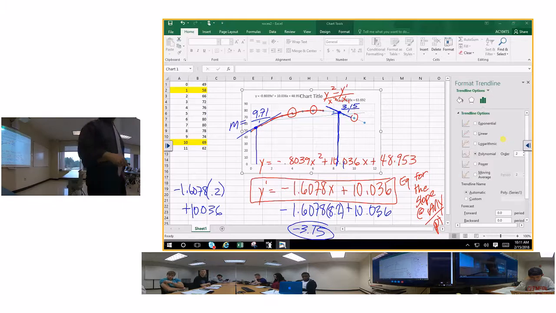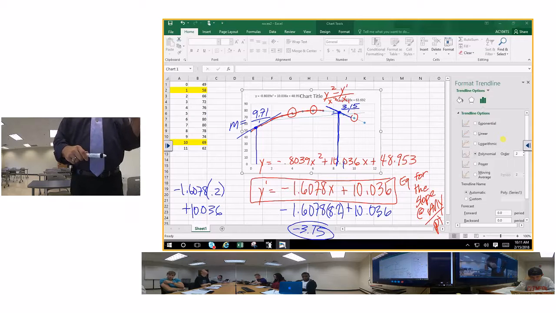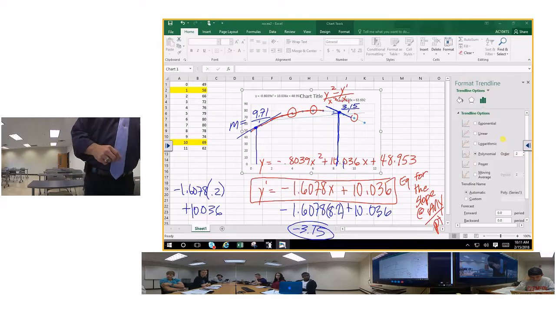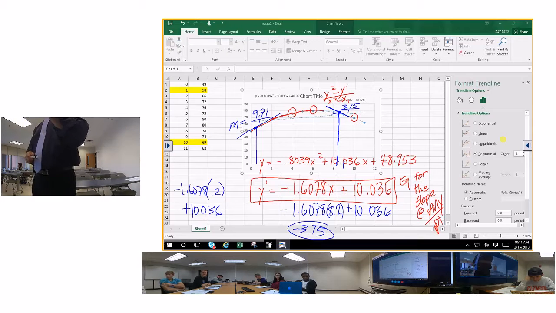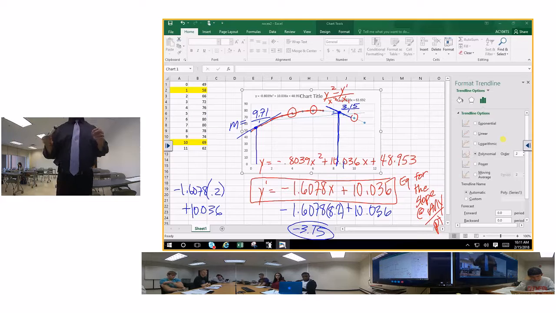And now remember, is this the actual line or is this the line of best fit? It's the line of best fit. Because if you actually had the line, it would not be a pristine parabola. It would be kind of jagged. So that's why you have to use the line of regression.